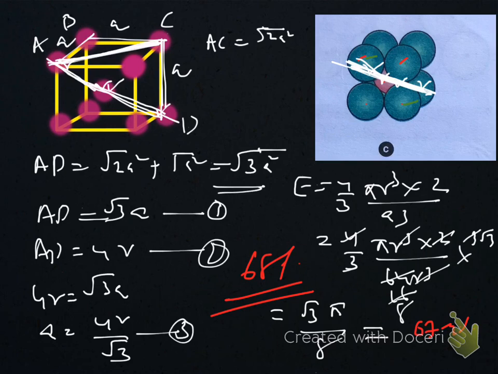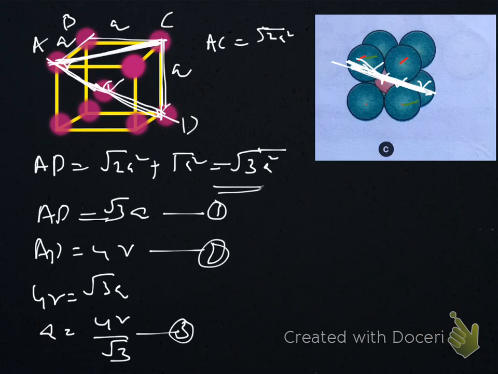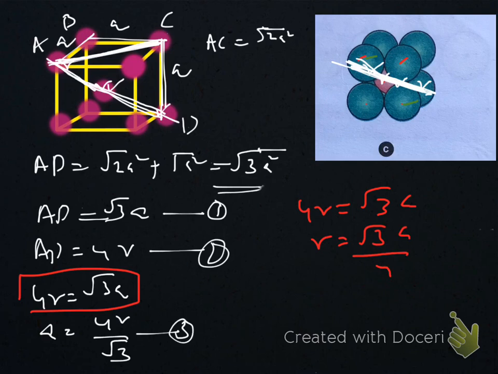Okay, and here also you can see the relation between radius and edge length, neighboring distance and edge length. From this relation, 4r equal to root 3a, then r equal to root 3a by 4. Root 3a by 4 means 0.433 into a. That is the relation between r and a.